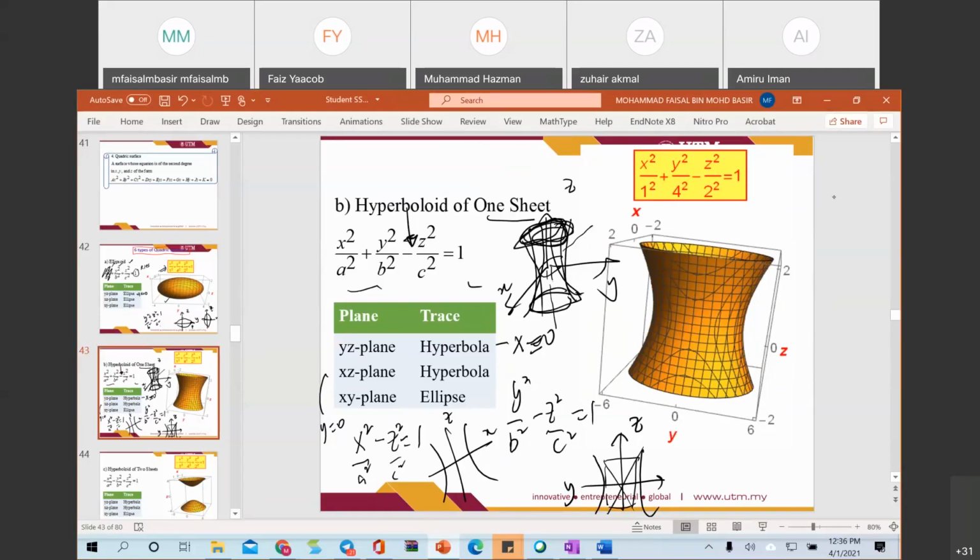My drawing is not so good, but I can see that if the negative is on the z-axis, the coefficient of z is negative, your hyperboloid sheet should be here. If x, it is here. If y, it is here.